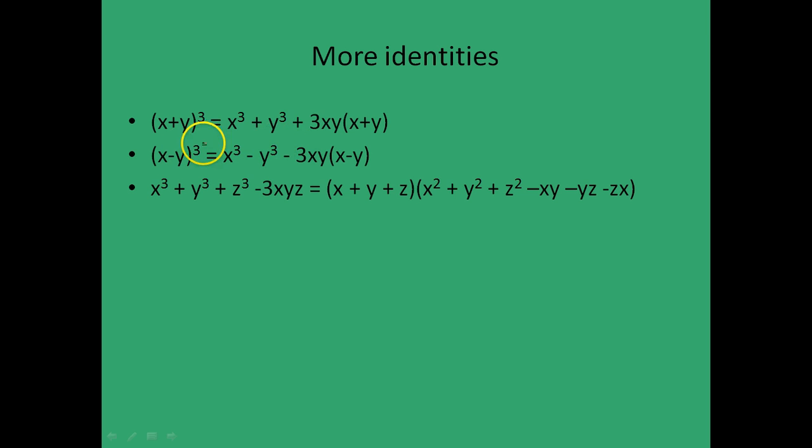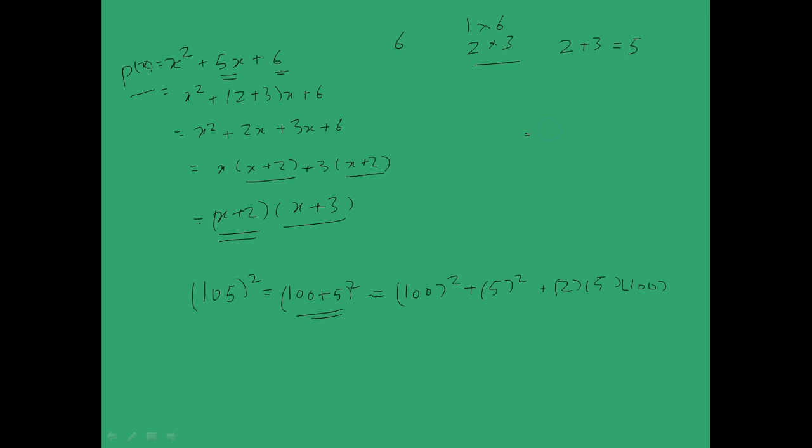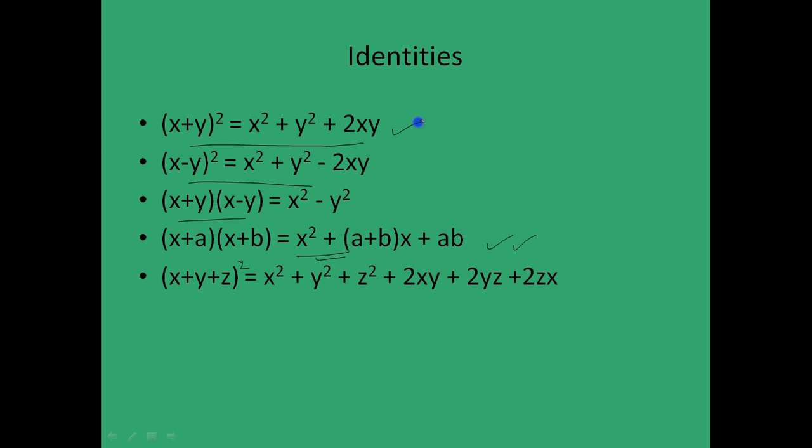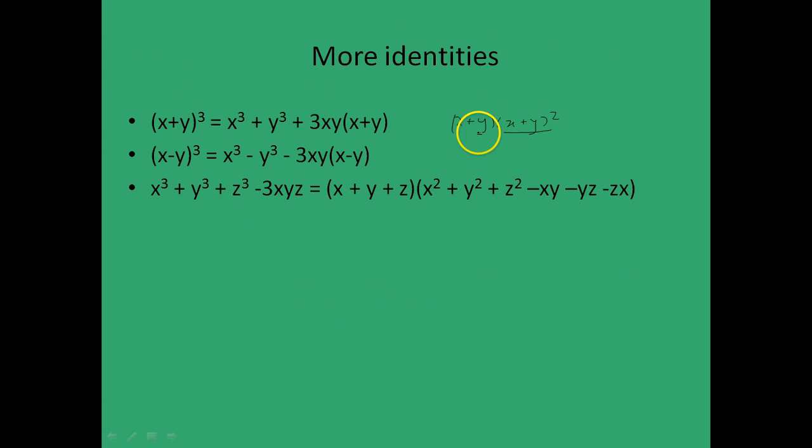Some other identities which will come in handy while doing polynomials or mathematics in general are these three. x plus y whole cube is equal to x cube plus y cube plus 3xy into (x plus y). This can be found by multiplying x plus y into x plus y whole square and expanding this using the earlier identity. On doing that you will get this.